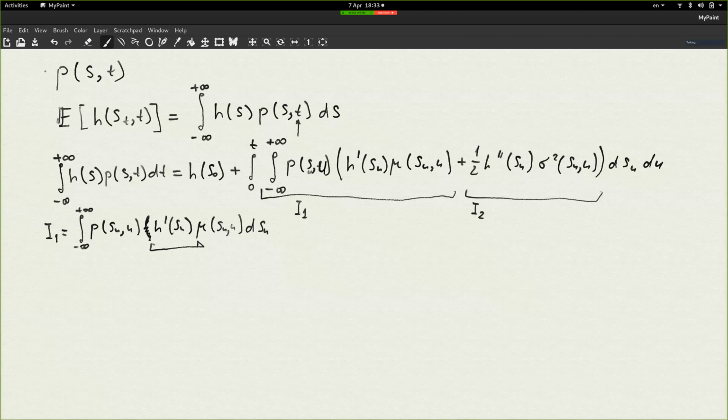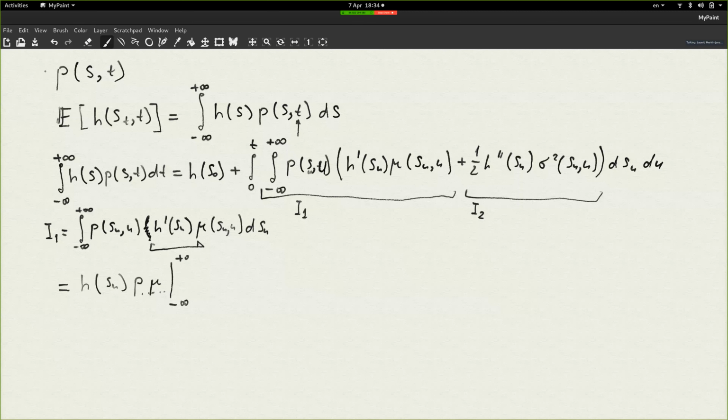Therefore, it is going to be h itself of su, p mu. I'm not writing the arguments here, you understand. From minus infinity to plus infinity.